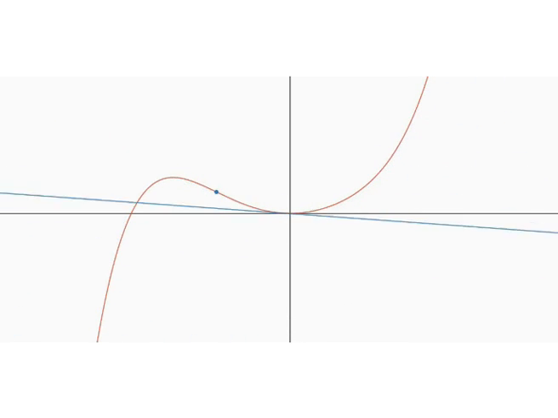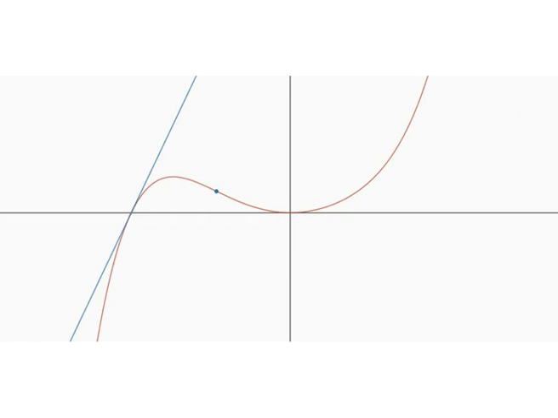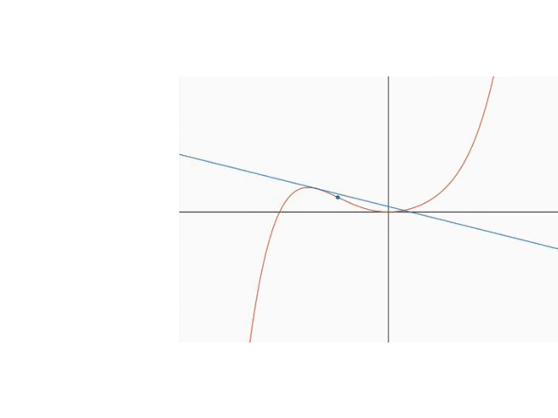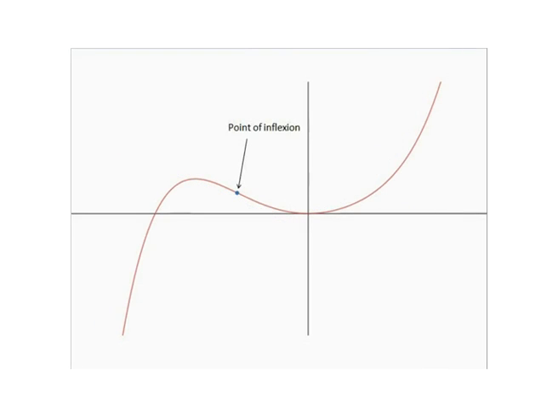What I want you to notice is how the tangent changes from being above the graph to being below the graph. And the other thing I want you to notice is that all along here, the tangent sits above the graph, and then all along here, the tangent sits below the graph. And, most importantly, right in the middle, where this change occurs, that is where the inflection point sits.